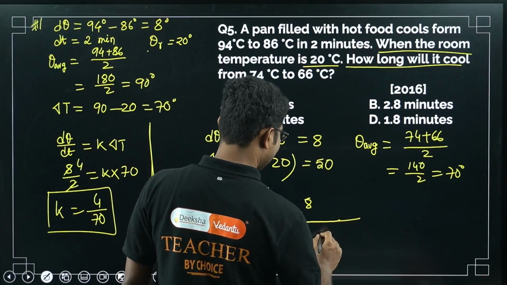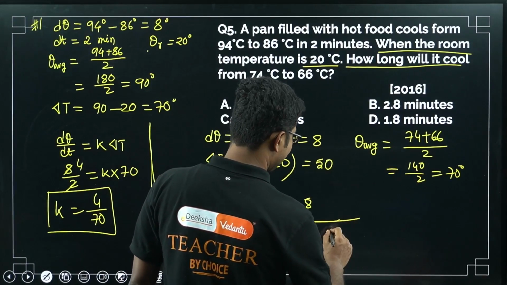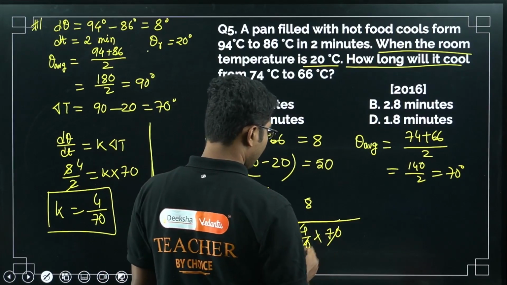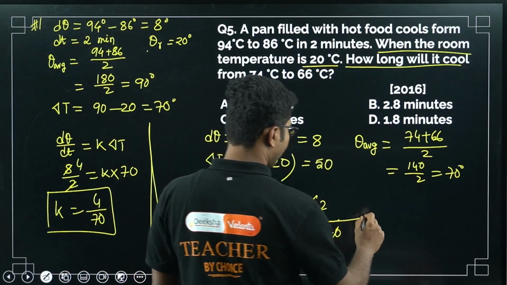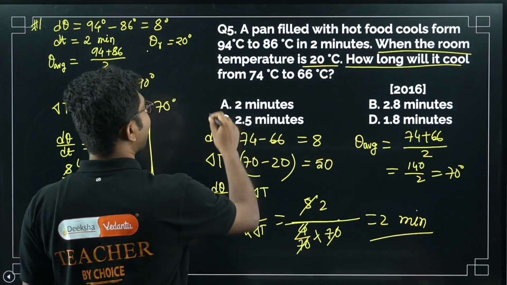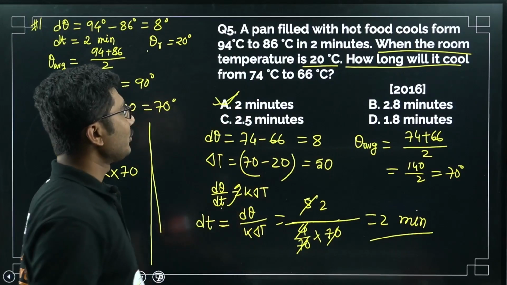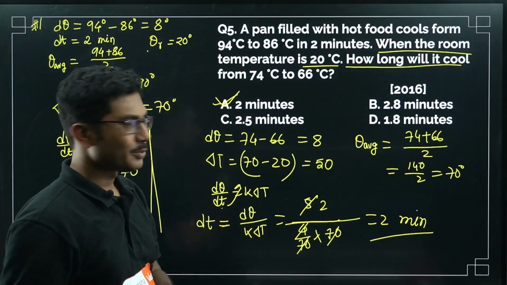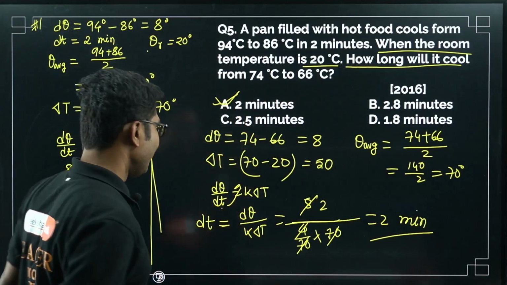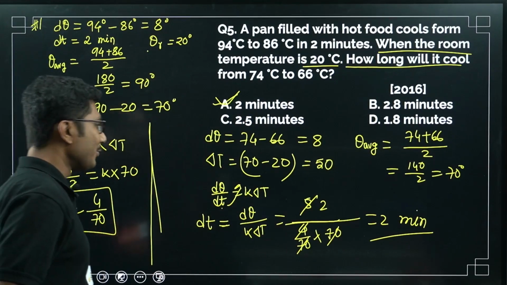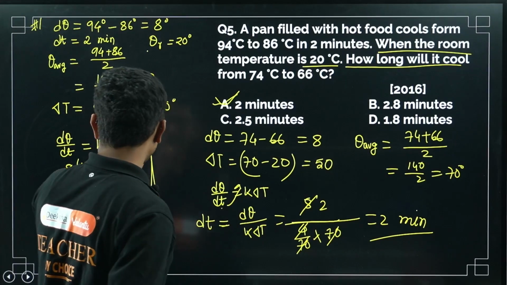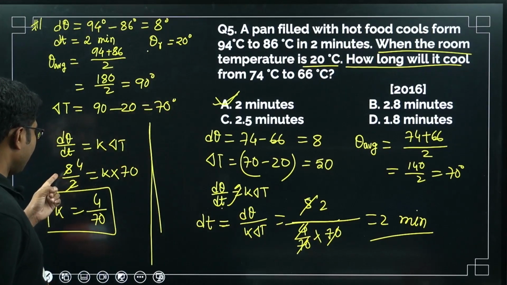And delta T is again 70. So wow, it is again 2 minutes. So 94 to 86 is 2 minutes, and 74 to 66 is again 2 minutes. This is the beauty of the problem.